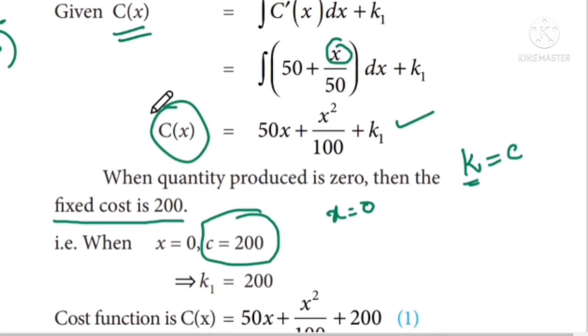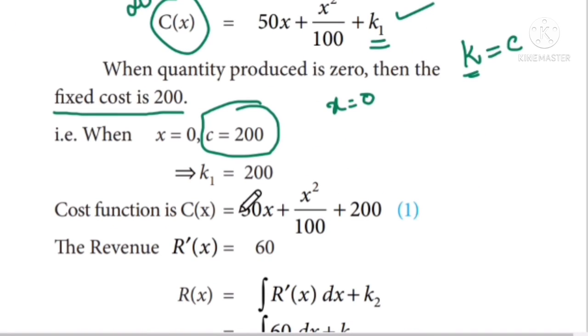So put 200 here and x as 0, you get k as 200. That constant k is the fixed cost itself. So the cost function is 50x plus x square by 100 plus 200.